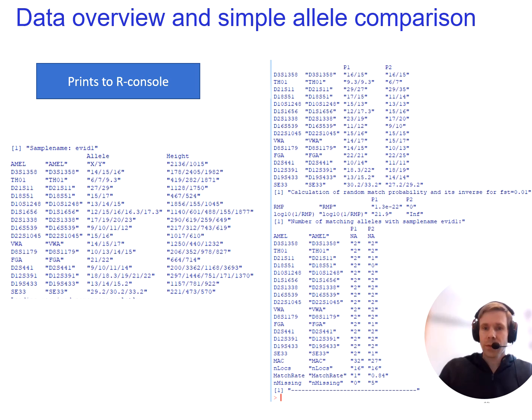In addition, it also calculates the random match probabilities for the selected frequencies in the program. It also does the number of allele comparison with the evidence profile, so you can see the match rate between the reference and evidence profiles, and also how many alleles were missing between these two.